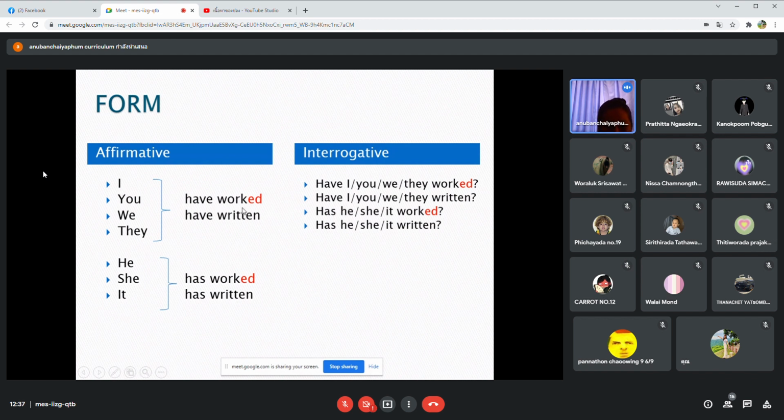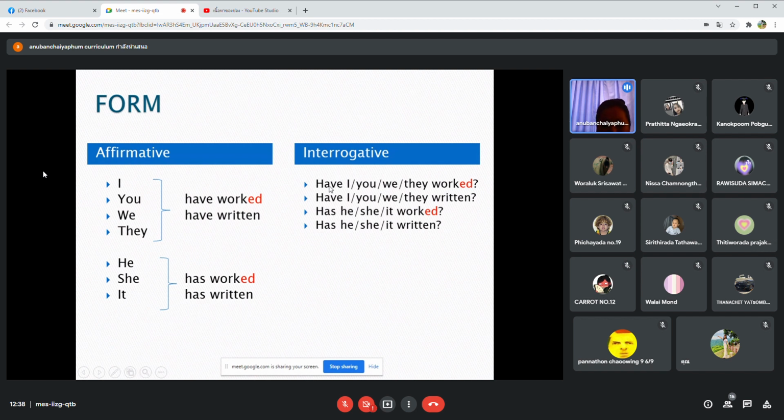For us to change that into interrogative, we put have at the beginning, followed by the subject I, or you, or we, or they, and then your past participle. Do you understand?